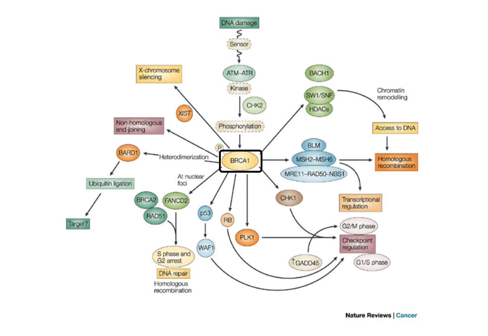So it recognizes when there is DNA damage up here, and then it actually controls many processes, including X chromosome silencing, non-homologous end joining of DNA, signaling repair functions, transcriptional regulation, homologous recombination, and other parts of DNA repair and checkpoint regulation of the cell cycle, that is, proceeding from G2 to mitosis, also from G1 to the S phase.